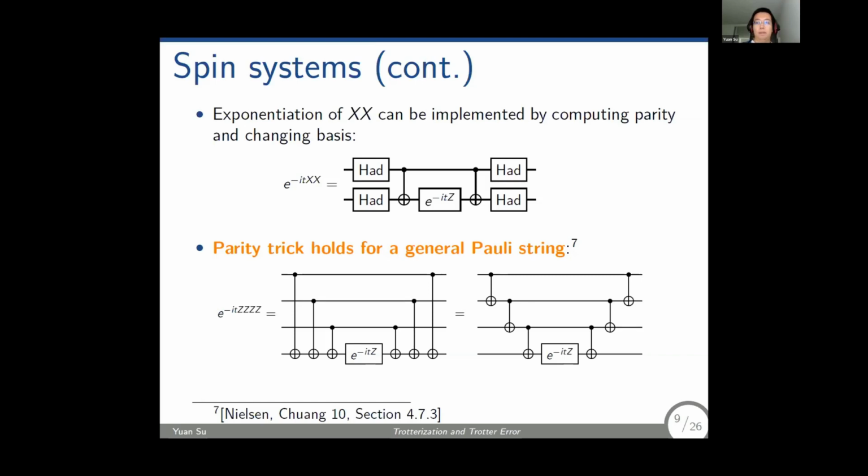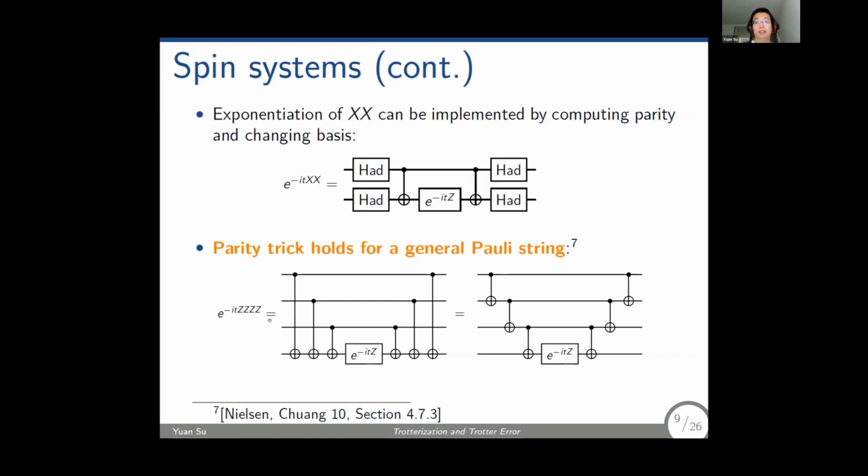If you think about it for a moment, you should be able to see that this method can be generalized. The general case would be you have an arbitrary Pauli string and you want to exponentiate that. Let's say, for example, you have ZZZZ and you want to exponentiate that.